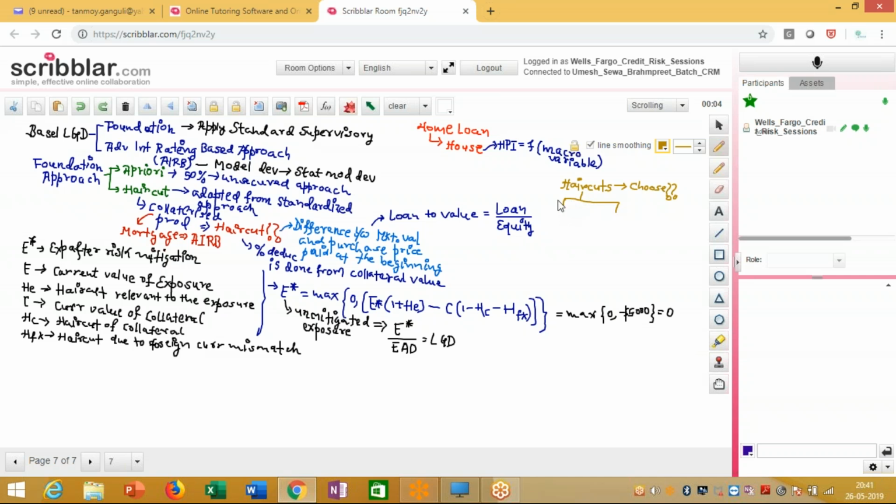So first, it is chosen in line with the supervisory haircut standards.